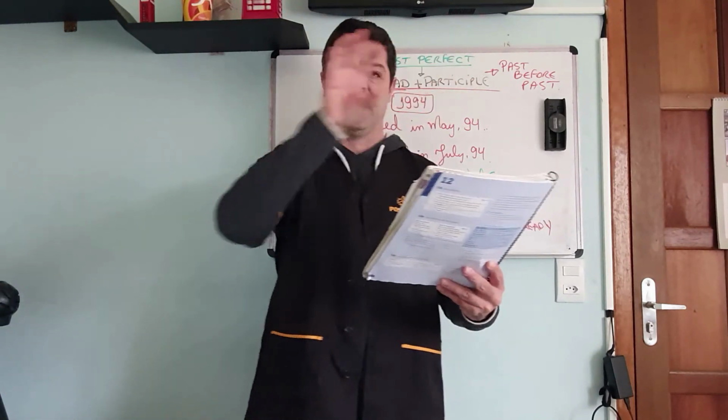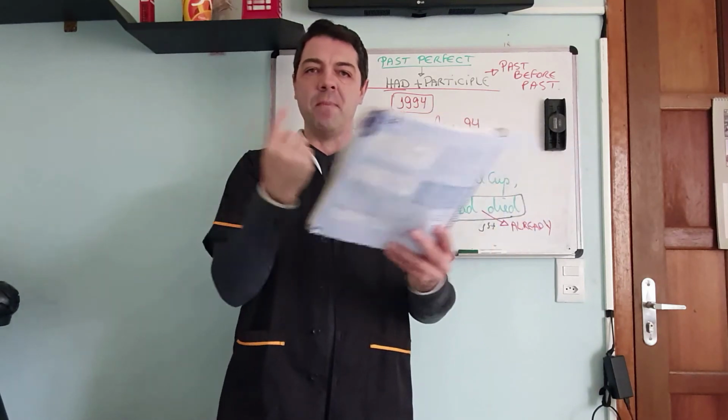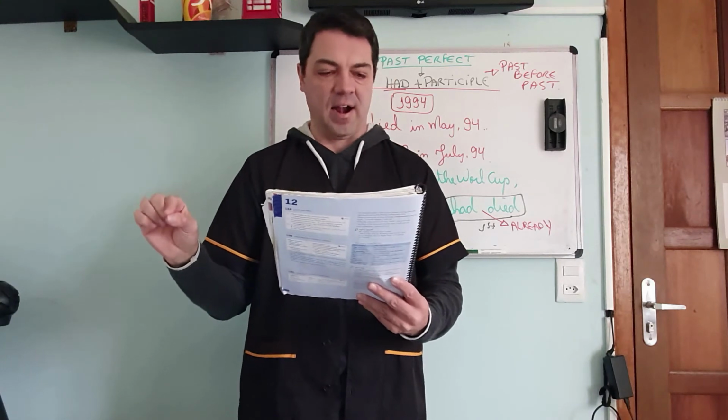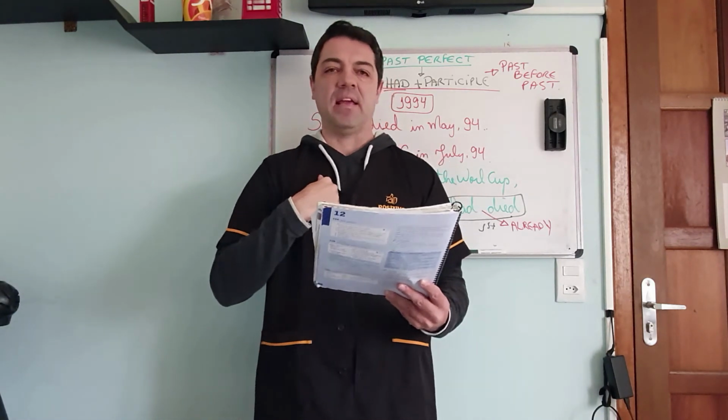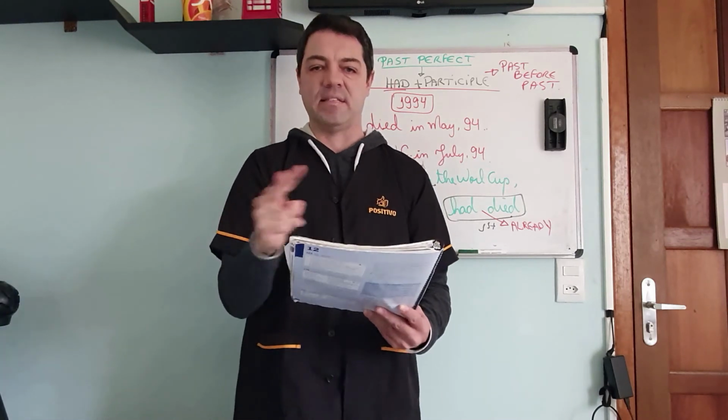So you have two parts of sentences and you need to match them. Look at the example. I couldn't get into my house because I had lost my key. I lost my key before being able to enter the house. So that's the idea.